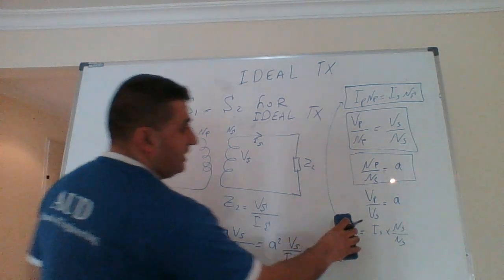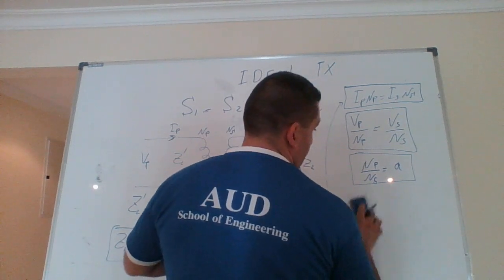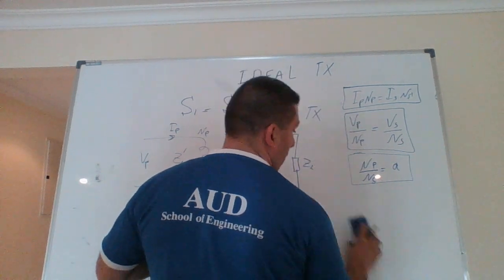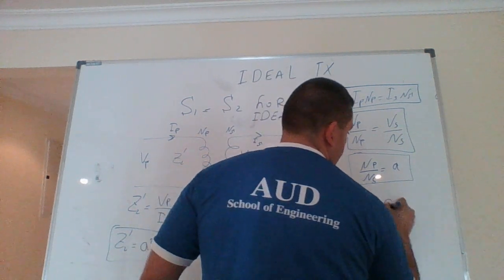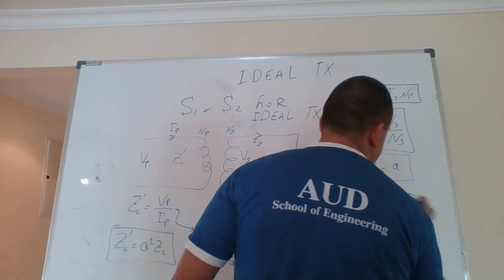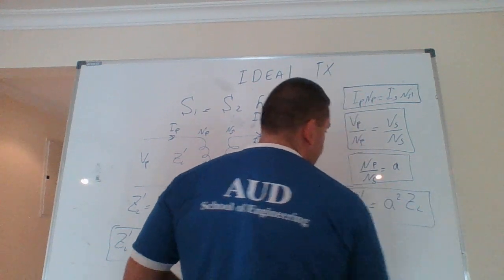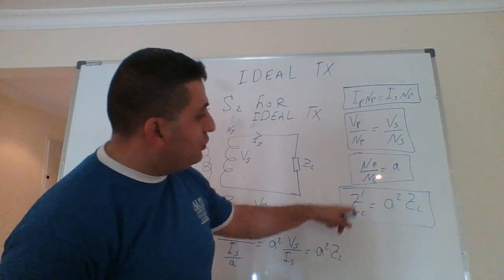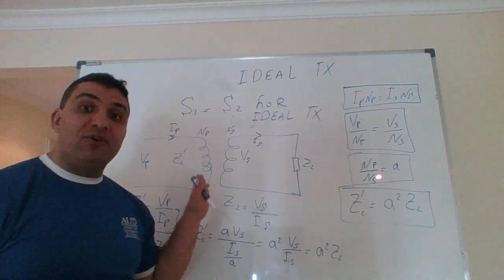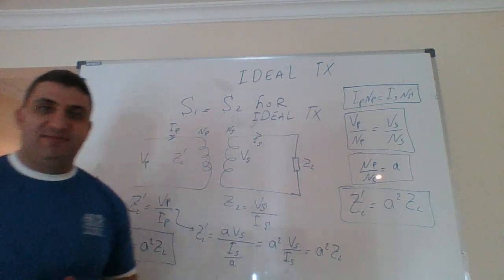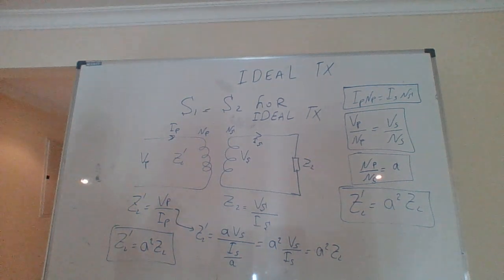Let's put it on this side of this table to cover all the relationships. Z2 dash is the impedance seen from the primary for the load. I hope that's clear.